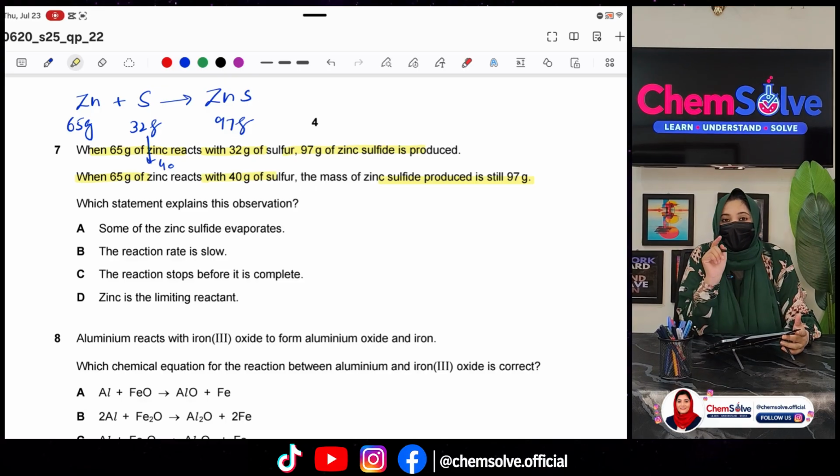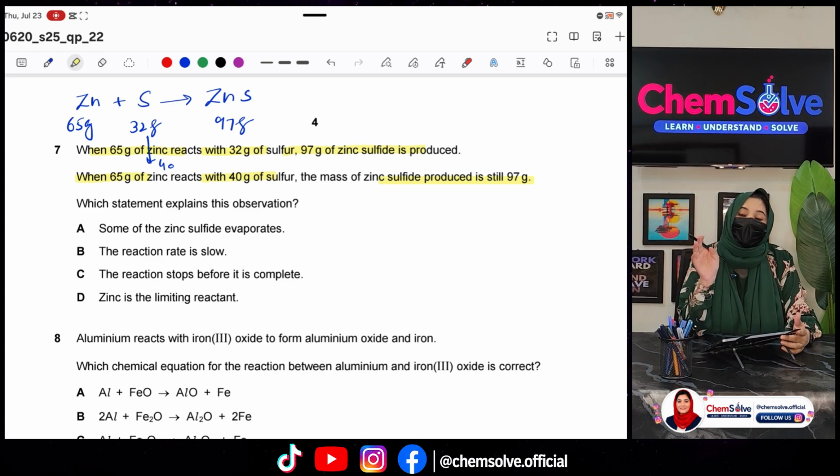If 65 gram of zinc reacts with 32 gram of sulfur and produces 97 gram of zinc sulfide, we increase 8 gram of the sulfur, but we are not increasing the zinc at all. Zinc is the same. So what will happen? These 8 gram of sulfur wouldn't have enough zinc to react with. So these 8 gram will be left as such.